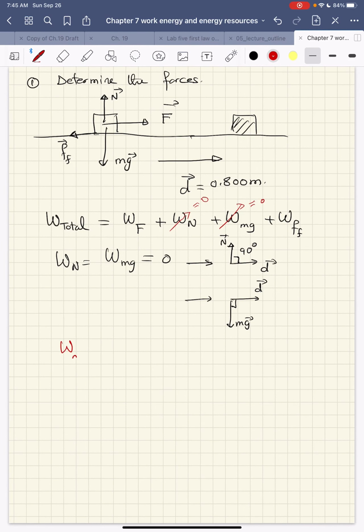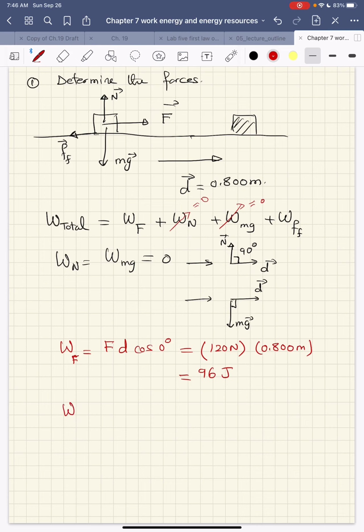Work done by the force is going to be force times d times cosine 0, which is 1, and then it is the force, which is 120, times the 0.8 meters. Because there are two approaches, here 120 times 0.8 is 96 joules.